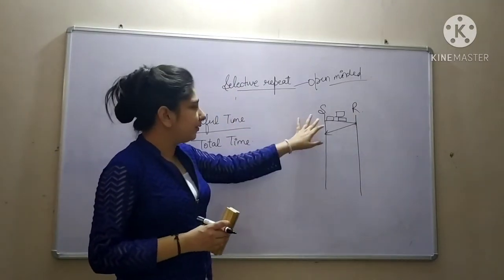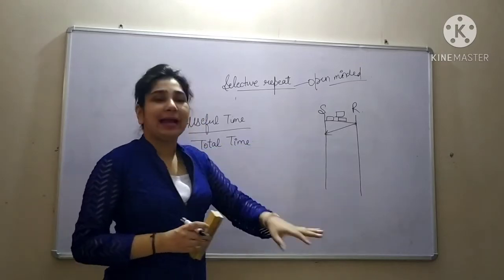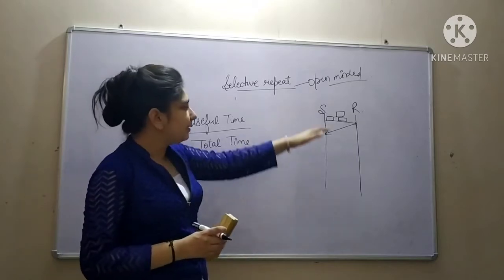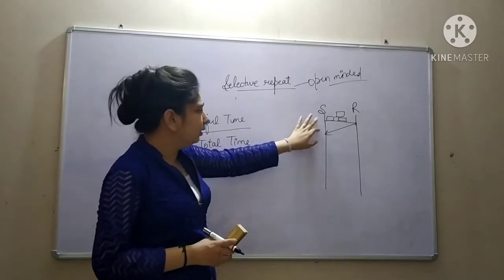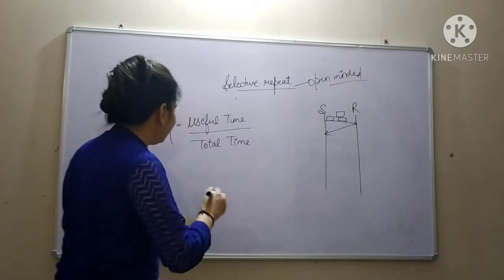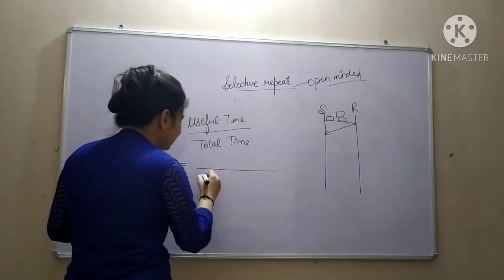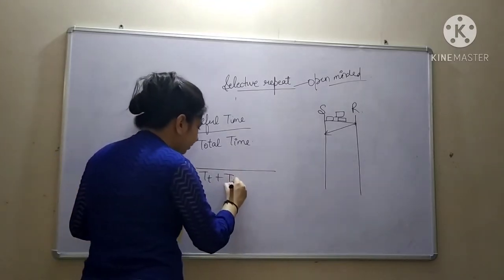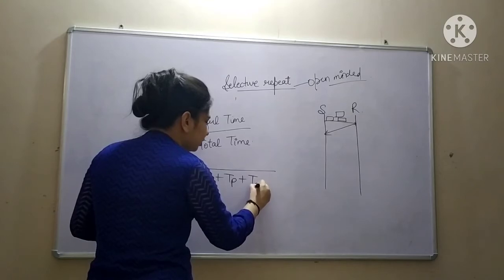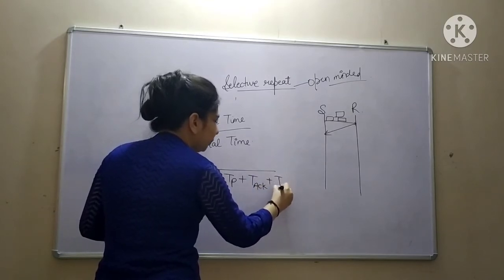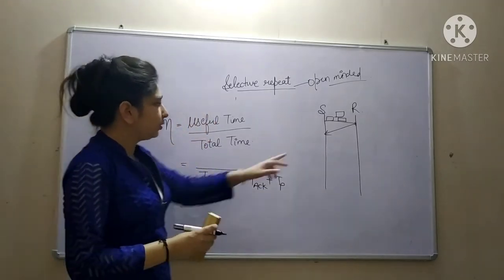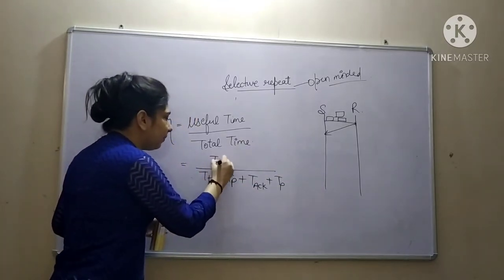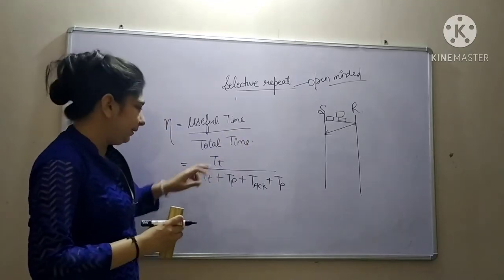When the sender transmitted one packet, in the meanwhile, unless it gets the acknowledgement back, the sender is transmitting many packets on the channel. So what is our total time? Total time is transmitting one packet, then that packet will propagate, then we have the acknowledgement, then that acknowledgement will propagate to the sender. The one packet transmission time is TT.